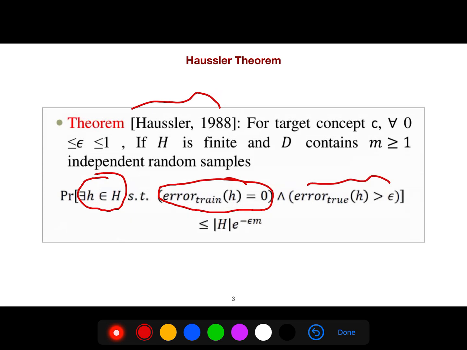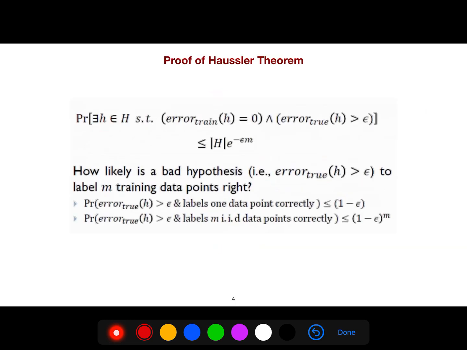You have crossed the threshold, the red line. That probability should be very small, and it is less than the cardinality of your hypothesis space times an exponential of minus epsilon m. For example, you have m data points and you know the threshold epsilon.